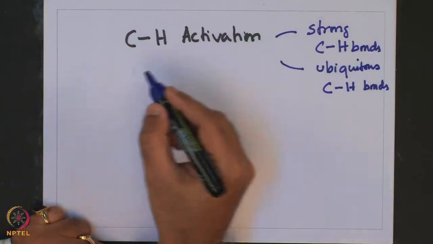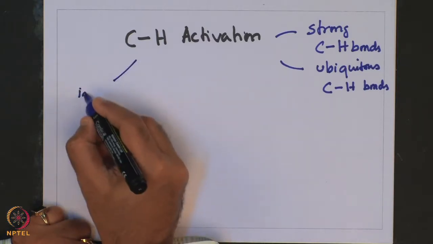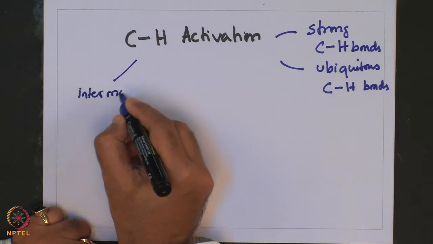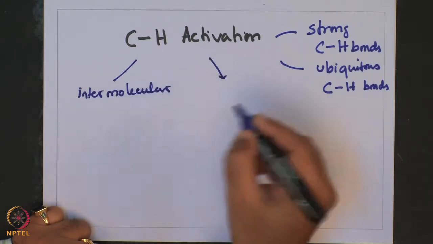We have also discussed in the last lecture various types of CH bond activation chemistry that have been practiced, and what one comes around to is that there are both kinds of CH activation possible. One is intermolecular, the other is intramolecular.